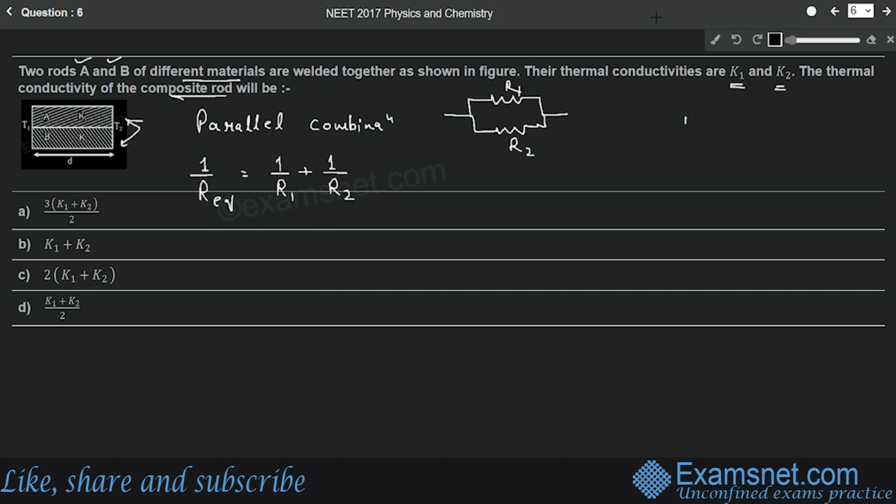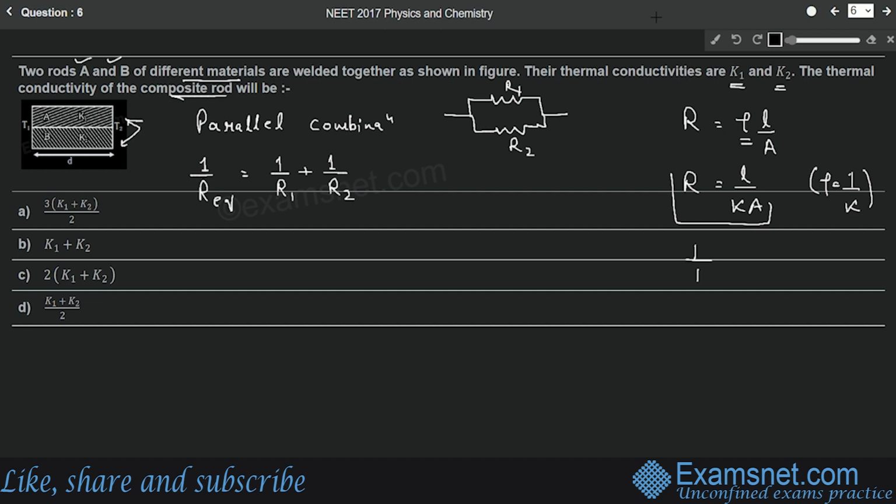Now we know that resistance is equal to rho L upon A, right? Rho is the resistivity. So we can write L upon KA because resistivity is the reciprocal of conductivity. Okay. So in this question, conductivities are mentioned, not resistivities, so we'll write in terms of conductivity. So this is the value of R.